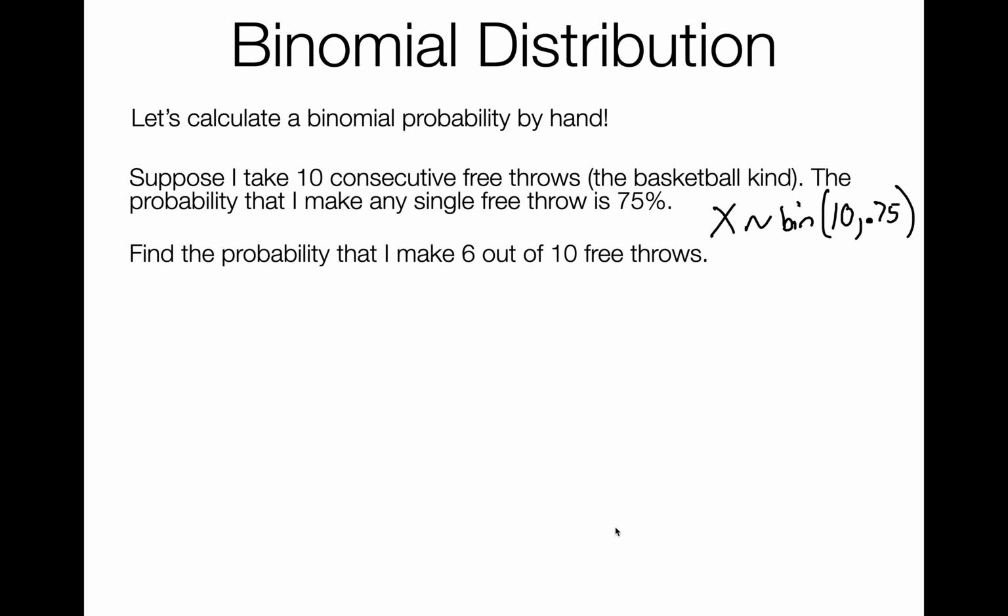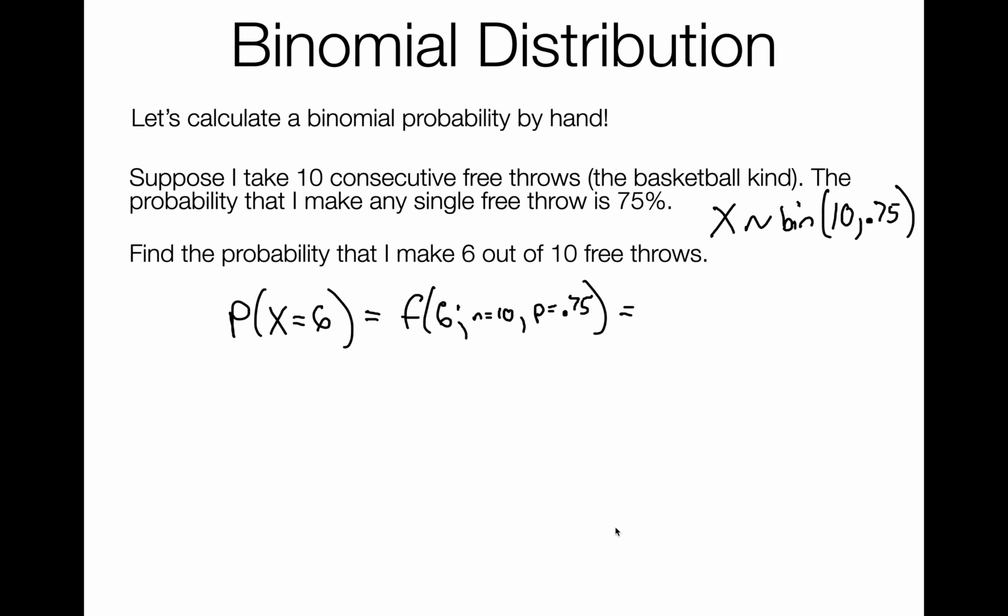So I'm going to find the probability that I make 6 out of 10 free throws. In a probability statement, that's the probability that X equals 6. That changes to our PMF functional form, f of 6, given that n is 10 and probability of success p is 0.75.